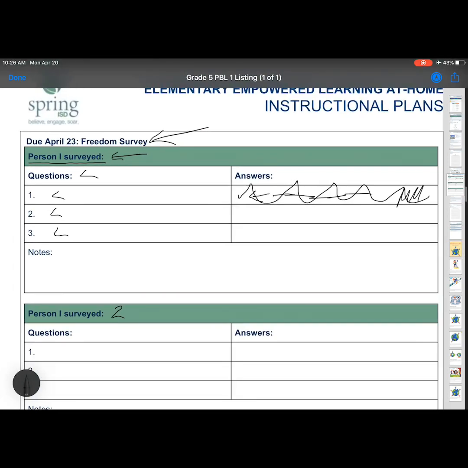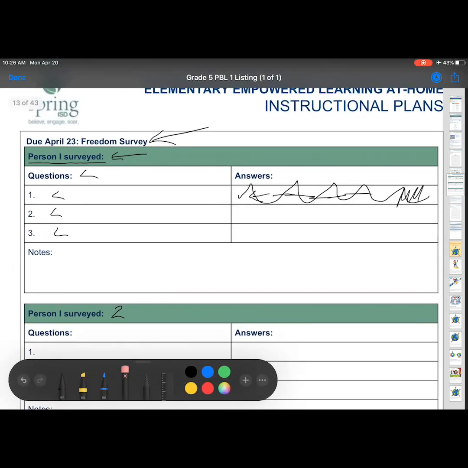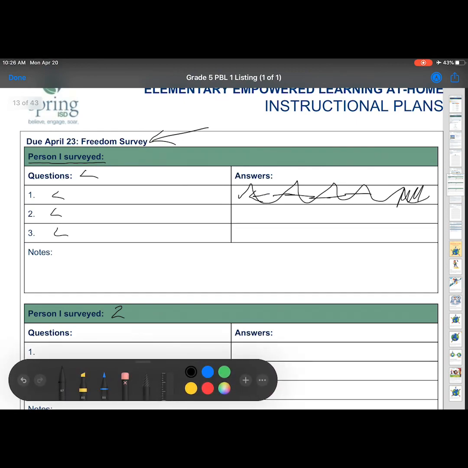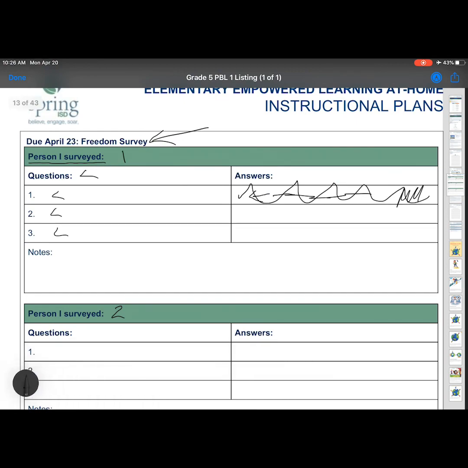One thing I will add is that for person I surveyed, you can say, for example, I asked Dad. And let's say Dad was born somewhere else. Let's include the age. Age is good. Dad, age 45, born in another country. You don't have to write the country they were born in.